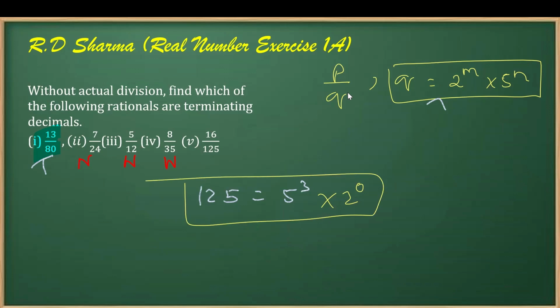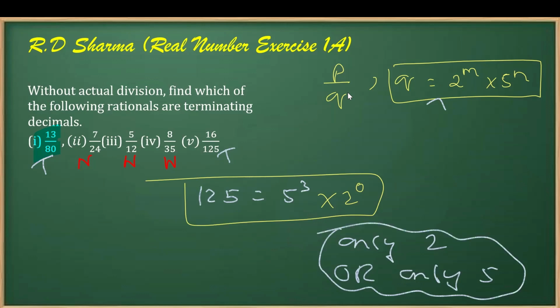So the concluding point is that if you do the prime factorization of the denominator and it has factors only 2, or only 5, or some combination of 2 and 5 both, then we say it's terminating decimal expansion, else it is non-terminating recurring.